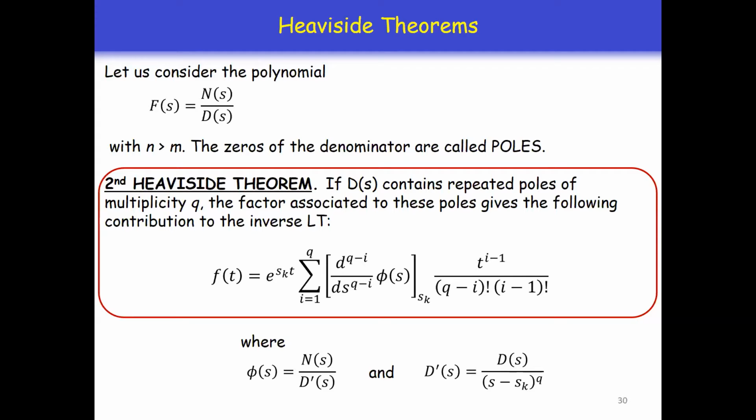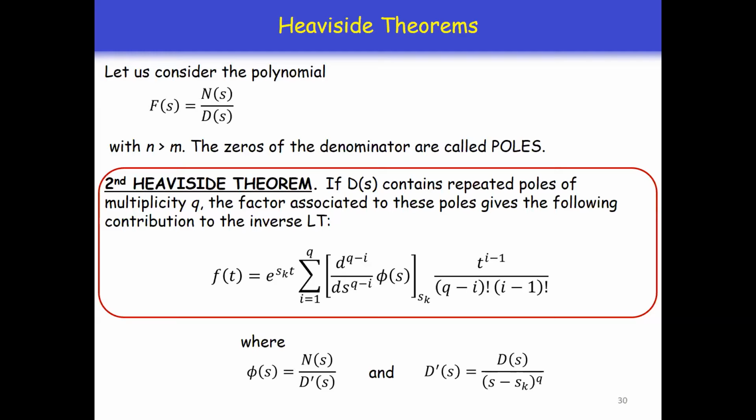If the denominator D contains poles whose multiplicity is different from 1, which means repeated poles, the factor associated to this pole gives rise to this contribution when you calculate the inverse of this Laplace transform.